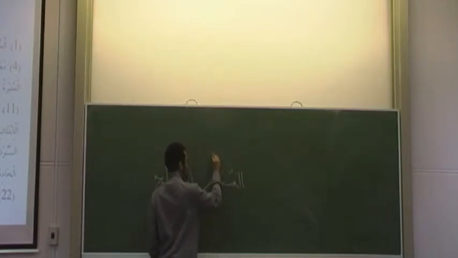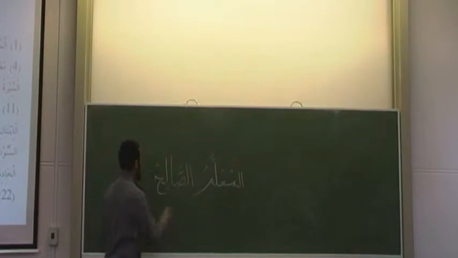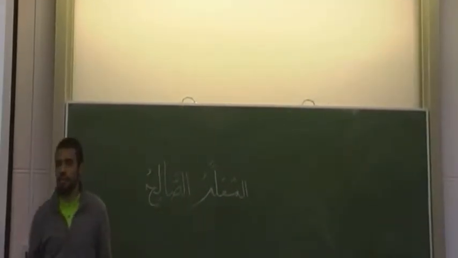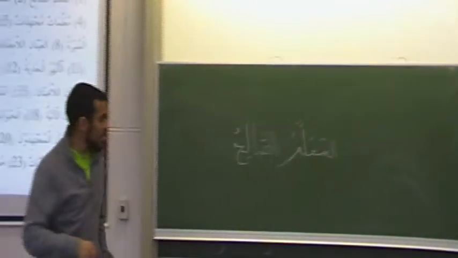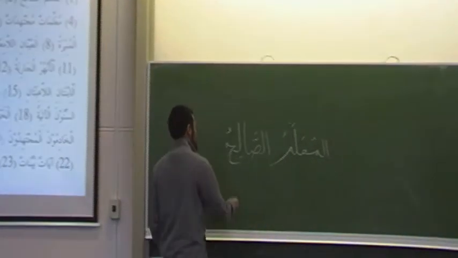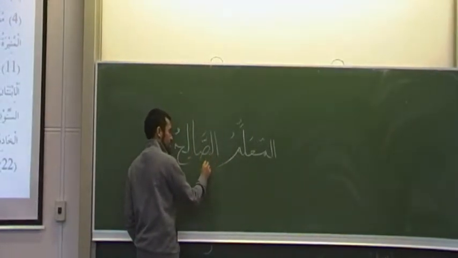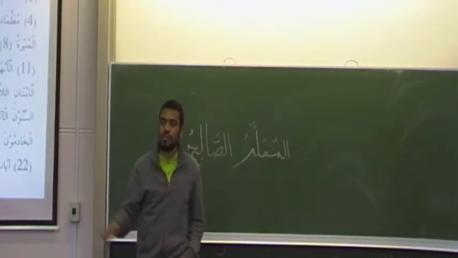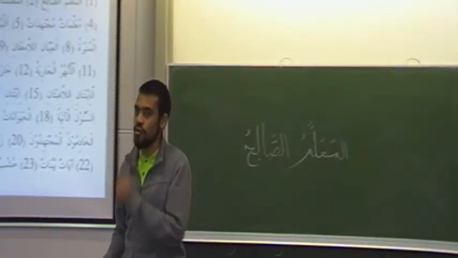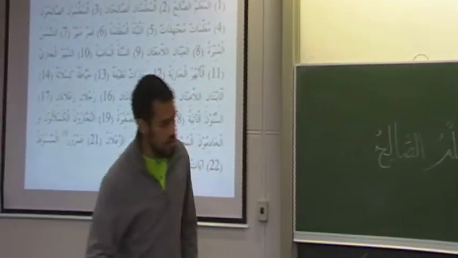Say it: al-muallimu as-salihu. Going back to our old lessons, this is hamzat al-wasl, so I must join that to that. When the lam is followed by a sun letter, I must say muallimu as-salihu.